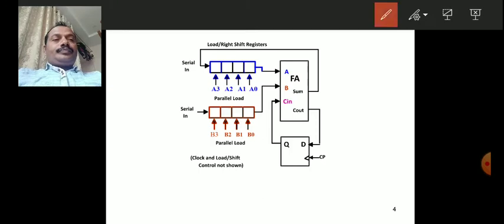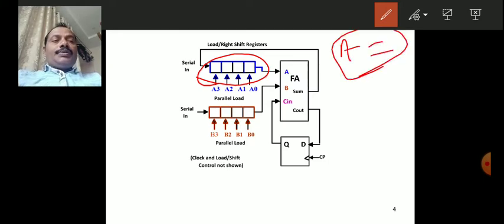Now input A is receiving data from a serial in, serial out shift register. Initially the data A is loaded into this register.